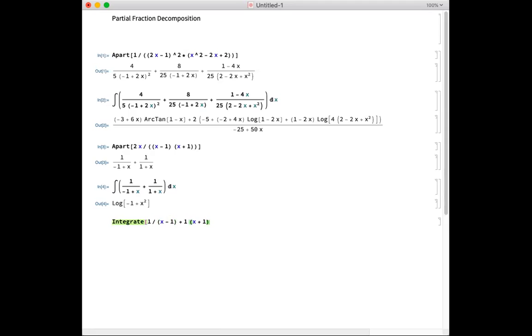And if I needed this to be a definite integral, I just add the phrase x goes from, let's go 2 to 5 maybe. And that gets set in braces.